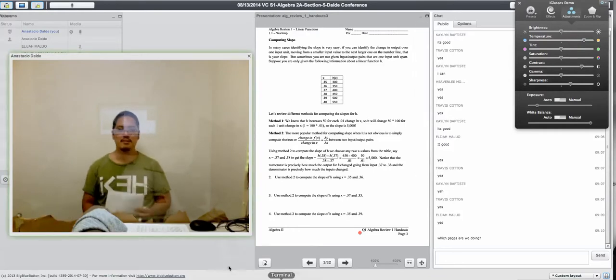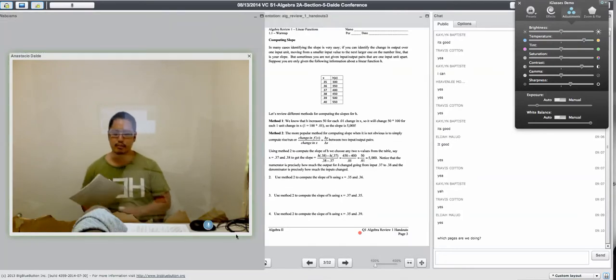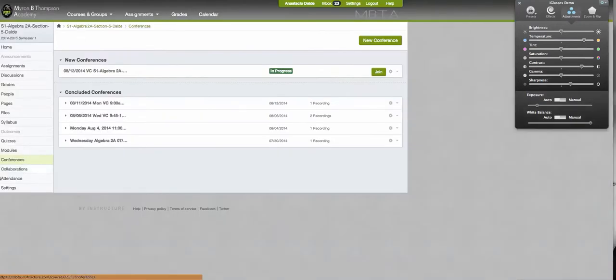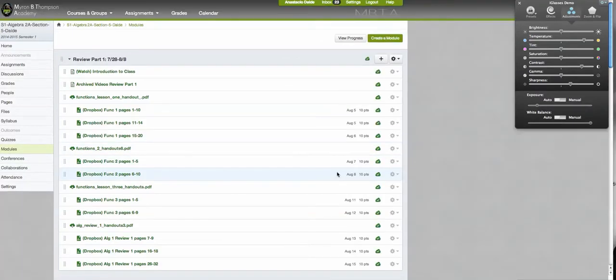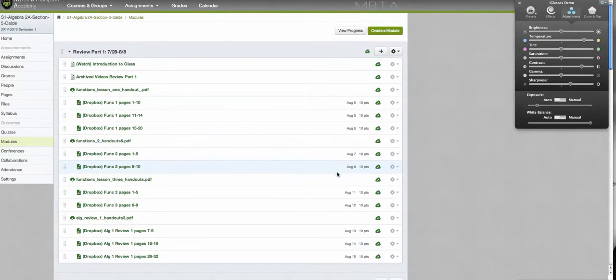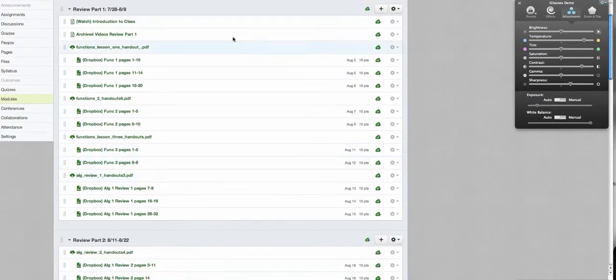Which papers are we doing? I think this is Algebra 1.1. We're talking about functions. In your class, you guys should be about here. Yeah, we're about doing the right thing here.